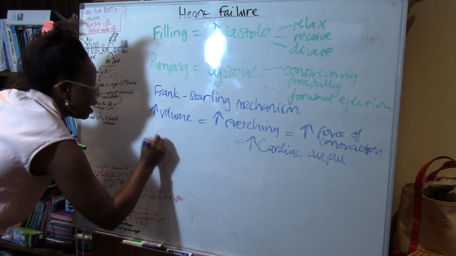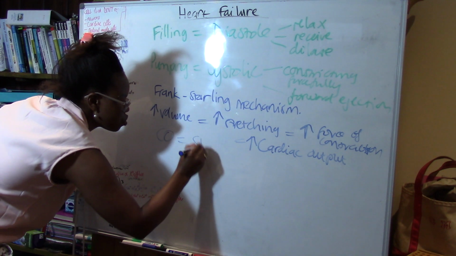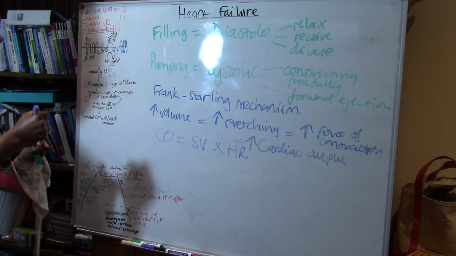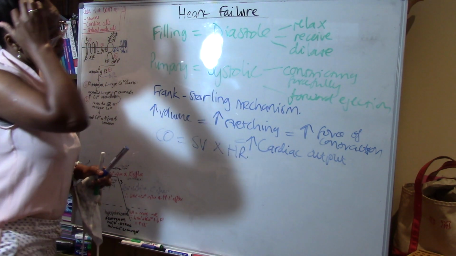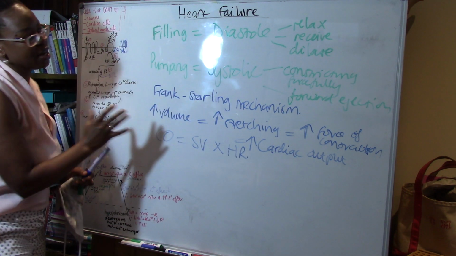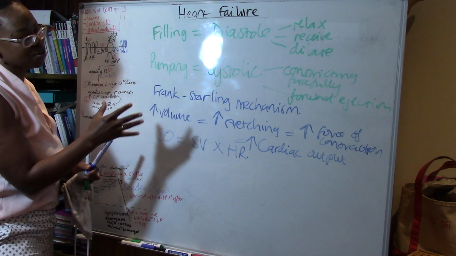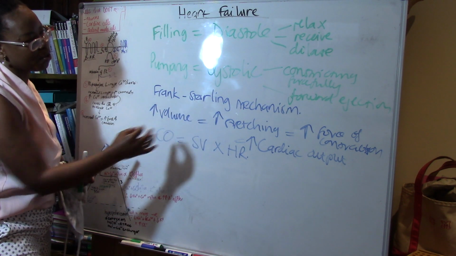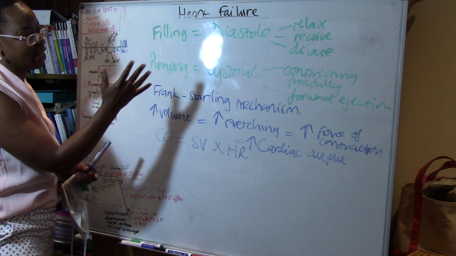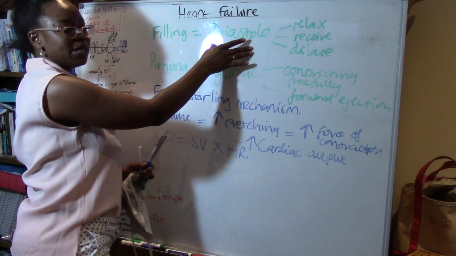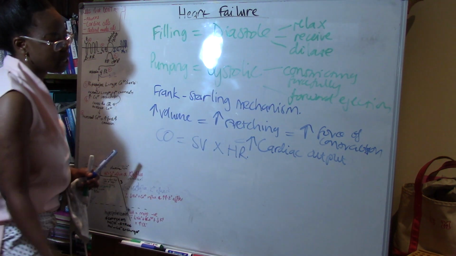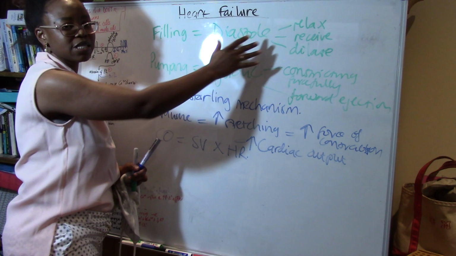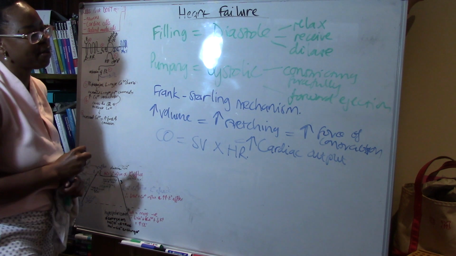And if we were to remember, cardiac output equals stroke volume multiplied by the heart rate. So these are the three things that we really have to remember when we're talking about a failing heart, because all the pathology and all the physiology is based on what happens in diastole, what happens in systole, and what the Frank-Starling mechanism is doing in order to compensate for what has failed to happen.